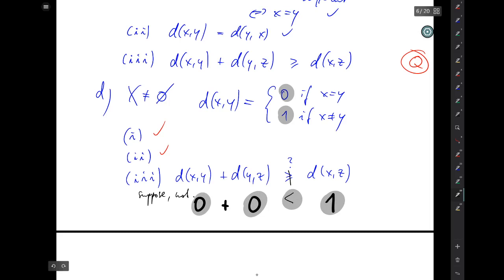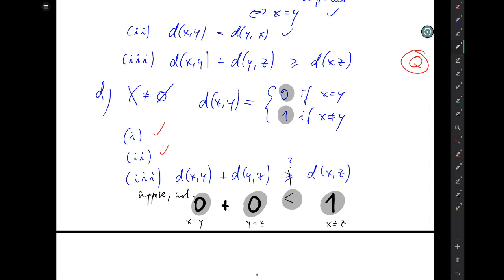But if you did that, then that would mean x equals y, because the distance of x comma y is 0. That would mean y equals z, because the distance of y and z is 0. And that would mean x is not z, because the distance of x and z is not 0, it's 1.